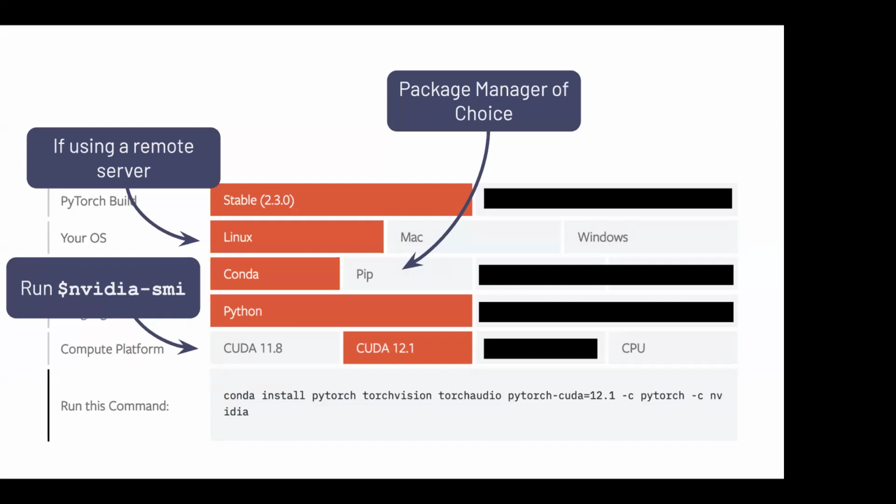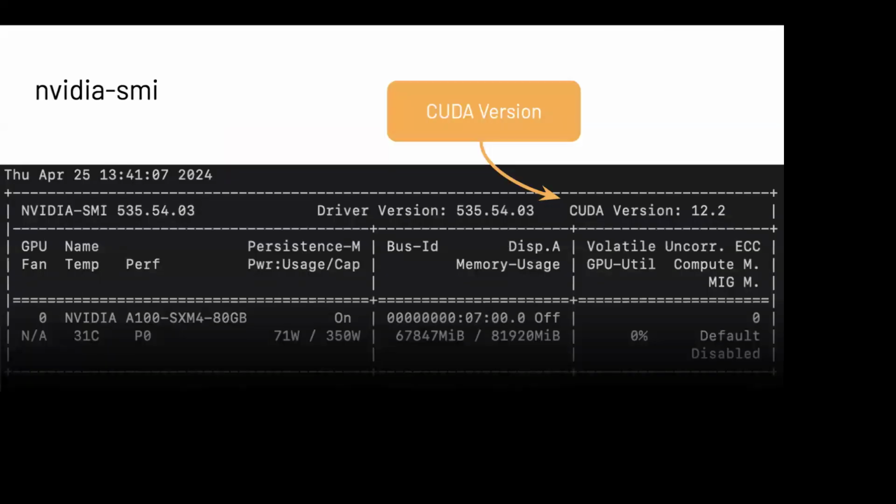One thing you can do, if you know you have NVIDIA GPUs on your system, is run the command nvidia-smi. It will output all this information, and in the upper right, it will tell you the CUDA version. Are there any questions about that so far?